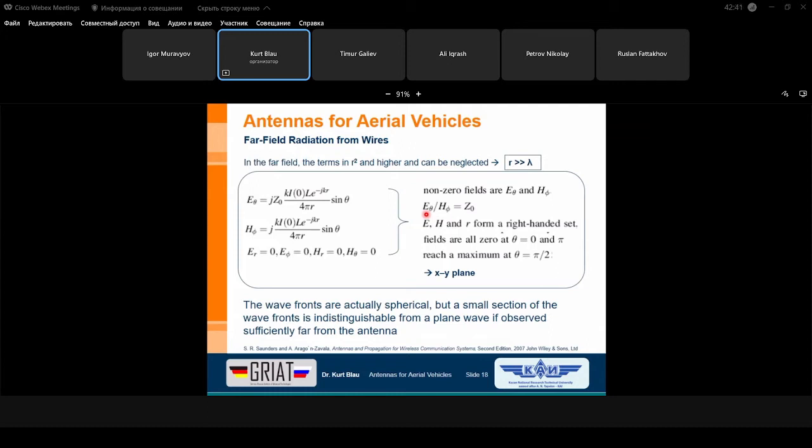If we go very, very far away and only look at a small part of the surface of the sphere, then we can assume that the plane we want to measure the radiation behavior in can be accepted as a plane wave, but only at this very large distance. Otherwise, it's not fulfilled.